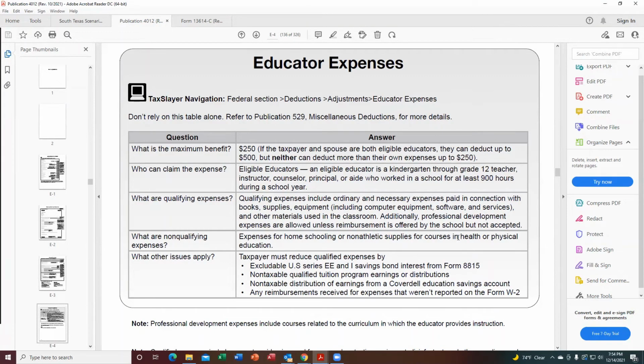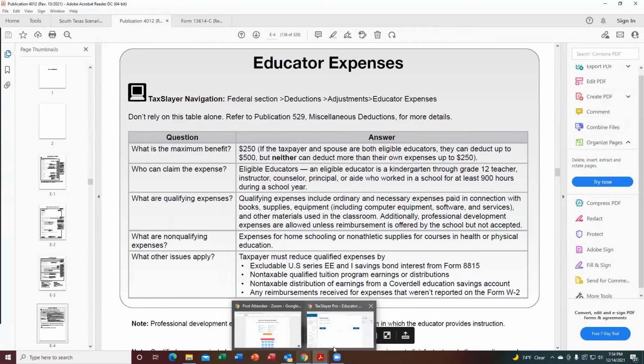Here it tells you that expenses for homeschooling or non-athletic supplies for courses in health or physical education are non-qualifying expenses. Then it tells you what are qualifying expenses. So again, this is the area of educator expense.